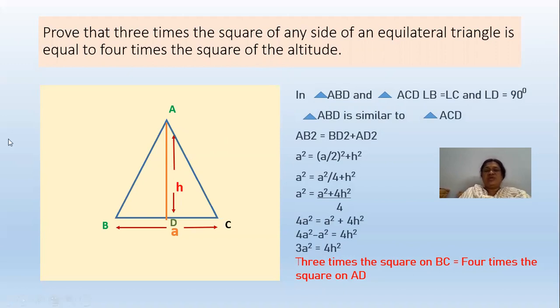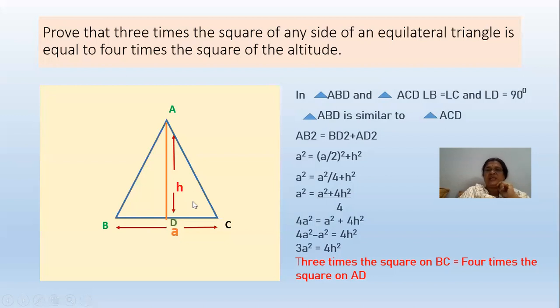So for that you have to apply similarity of triangles in this problem. You have to look for the congruent parts in these two triangles, the triangle ABD and the triangle ACD.